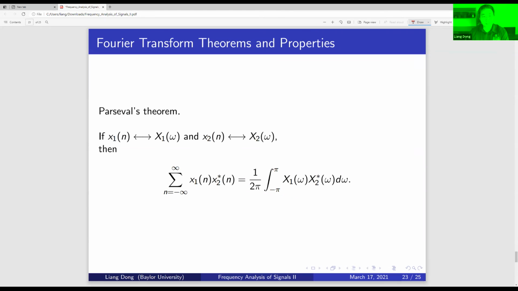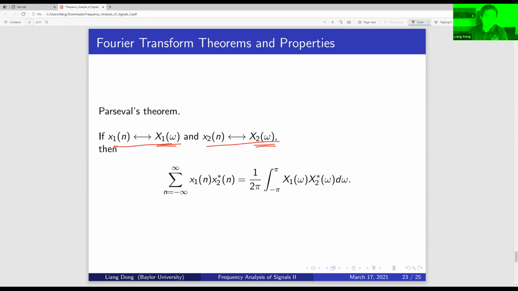And then we have Parseval's theorem. Parseval's theorem is a generalized form. We got the generalized form of Parseval's theorem for the Z transform. So here I have two signals, x1 and x2, with their Fourier transforms, the frequency domain signals.